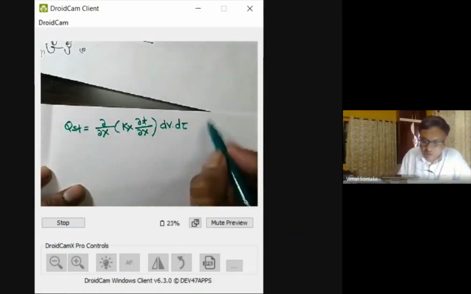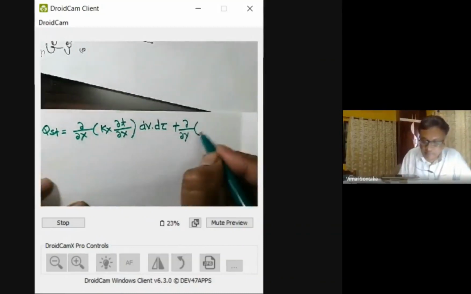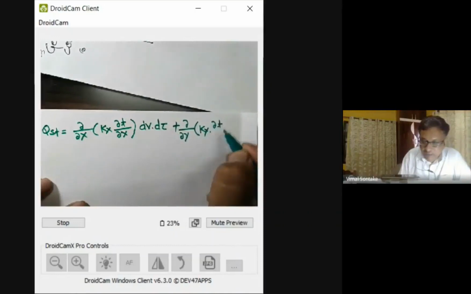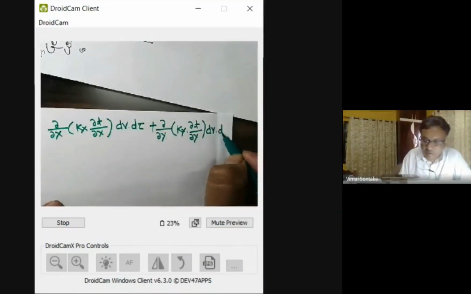This is the Qx stored, plus del over del y, ky, into del T over del y, into dv into d tau.